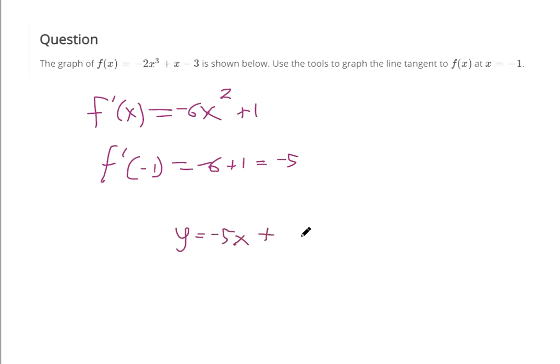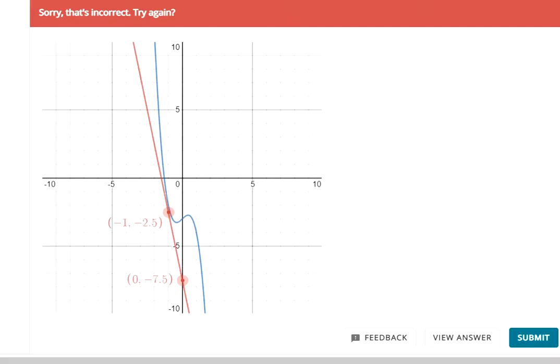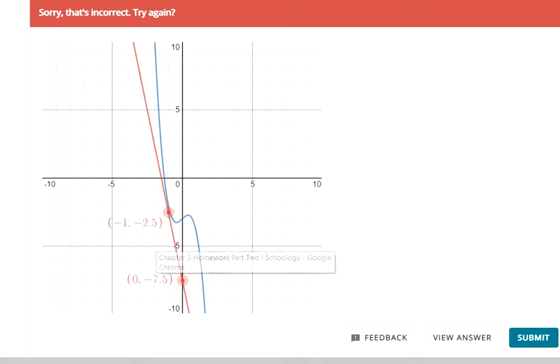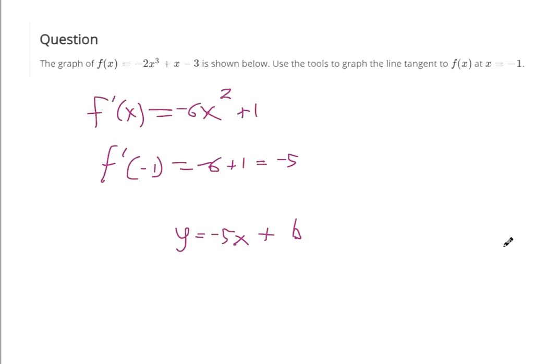To find the y, oh, maybe that's what they need, is the y-intercept. They shouldn't, though, unless they say to graph by using the y-intercept. So what I'm doing is constructing the full equation for the line instead of just using the idea of slope. We need a point that's going to be the point of the tangent. So it's at -1, -2.5 for that slope.